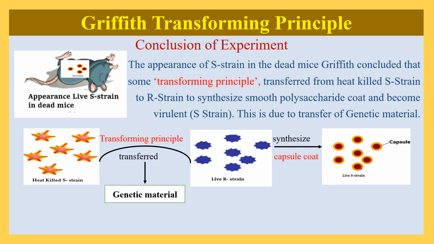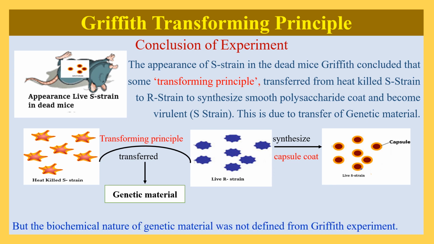But Griffith did not say whether the genetic material is protein, DNA or RNA. He did not explain the biochemical nature of the genetic material from his experiment. Griffith's experiment was not able to explain whether the genetic material is DNA, RNA or a protein.